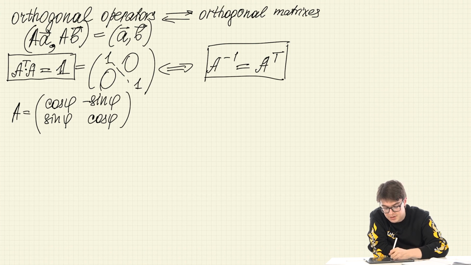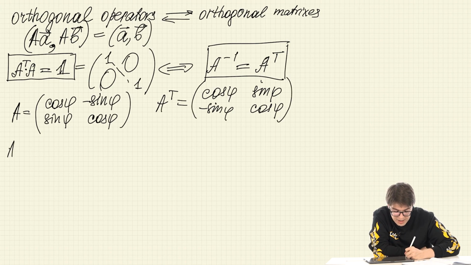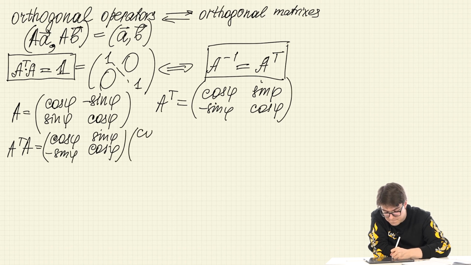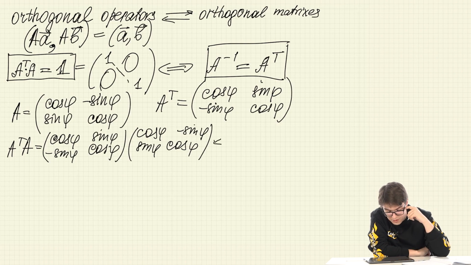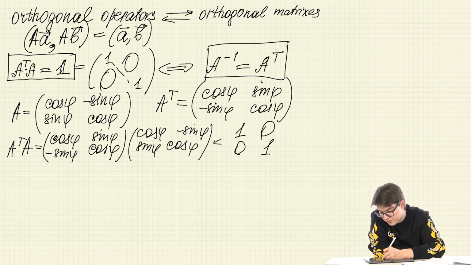But we can check that the transposed one is cosine phi, sine phi, minus sine phi. And if we take the multiplication of matrices, cosine phi, sine phi, minus sine phi, and the original matrix, we obtain 1, 0, 0, 1.